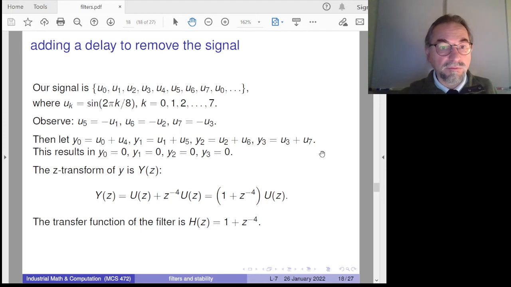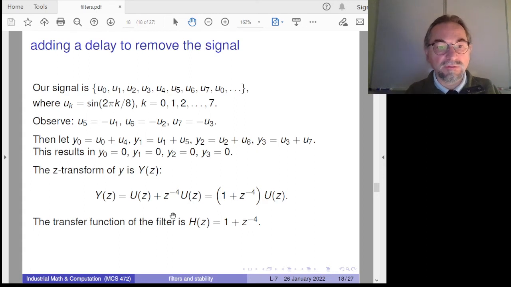So what does this mean? Well, we have seen that delaying once, the unit delay, is multiplying by z to the power negative 1. Delaying 4 times is multiplying with z to the power negative 4.